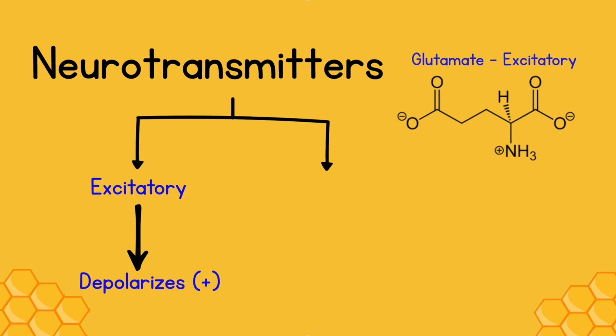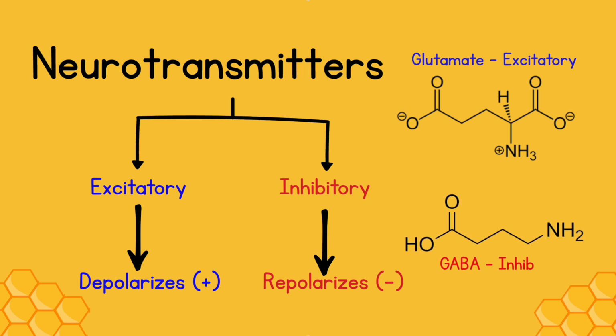So it's the most common one that can be found in the nervous system, and it helps to make the receiving neuron more positive and potentially reach that excitation threshold and perform an action potential. We also have an inhibitory neurotransmitter, which repolarizes the neuron, so it makes it more negative. And the most common type of inhibitory neurotransmitter is GABA, or gamma aminobutyric acid.